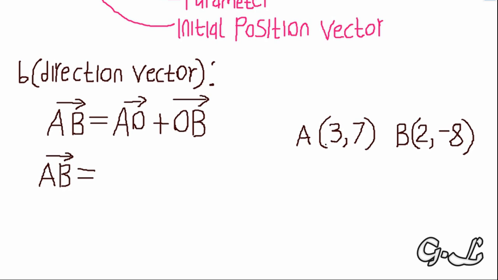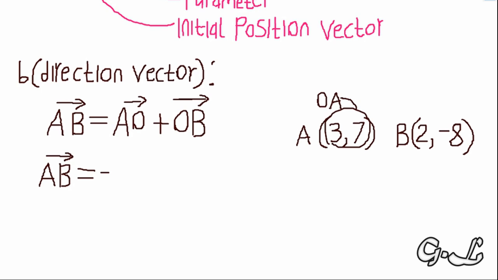Now, according to this, vector AB is equal to vector AO plus vector OB. So how are we going to find the vector AO? You need to know that this is the reverse form. Vector OA is 3, 7, and what about vector AO? That is simply the reverse form.